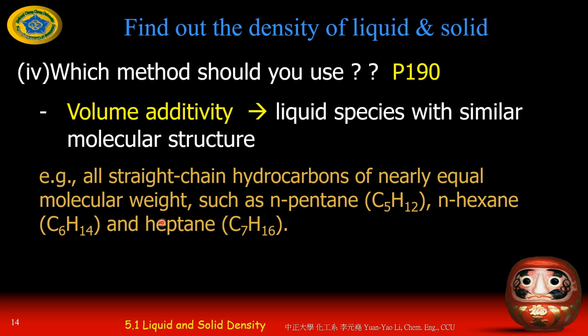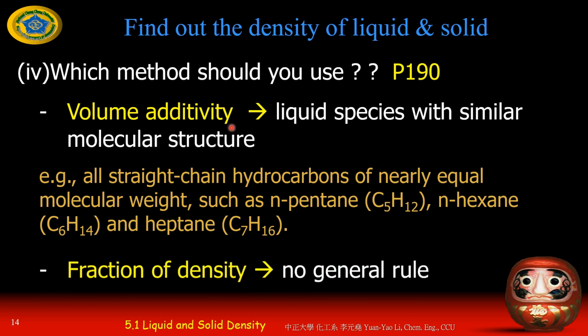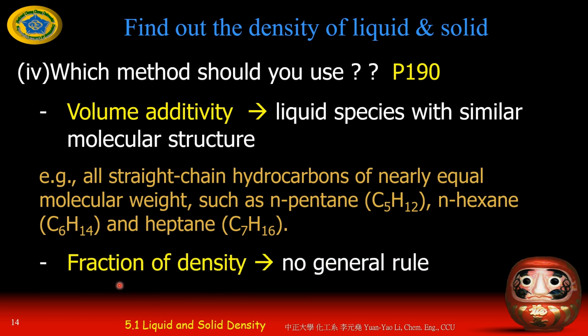For these species, you can use value additivity. Well, you don't really need to remember this. I just give you an example only, because it really depends. And for the fraction of the density, there are no general rules to follow. So don't worry about this.